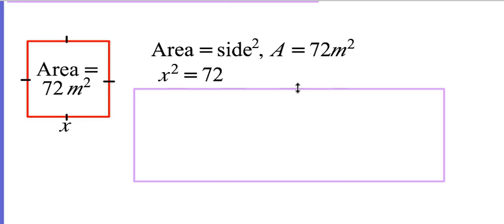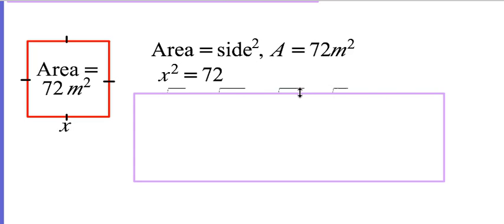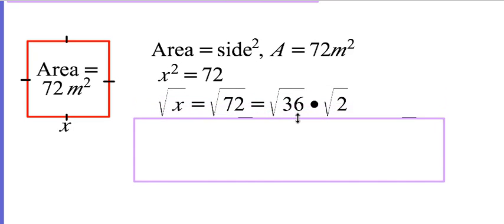Just like the previous problem, we're going to take the square root of both sides, but this time 72 is not a perfect square. So we need to find the factors of 72, and what we're looking for is a perfect square. So if I divide 72 by 2, I get 36. Well, that's convenient because 36 is a perfect square. What number times itself gives us 36? 6.